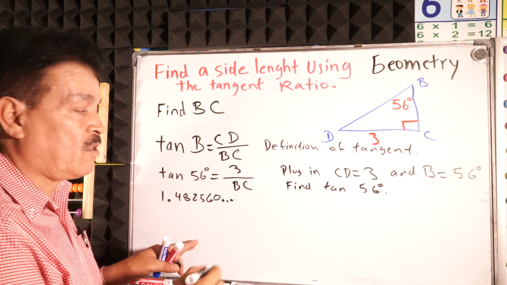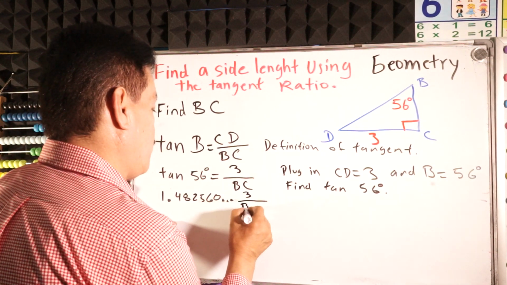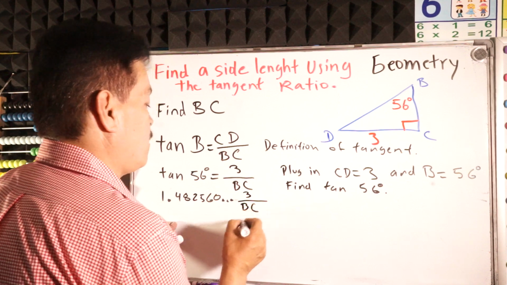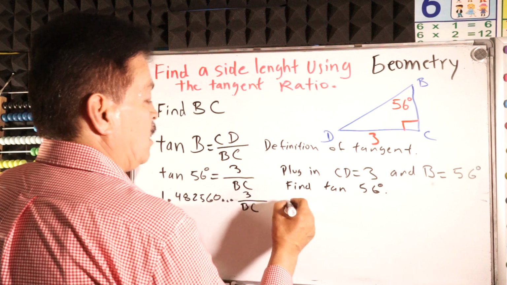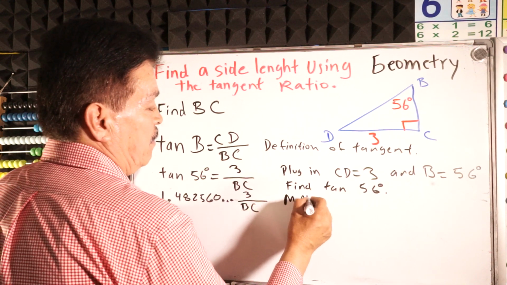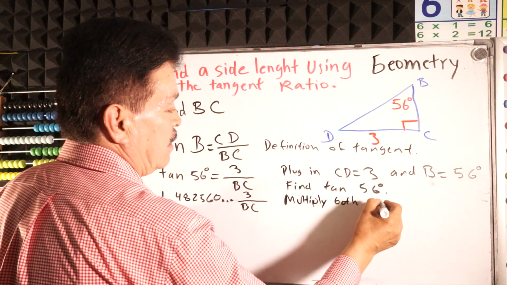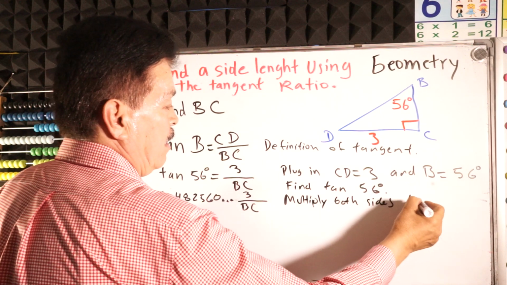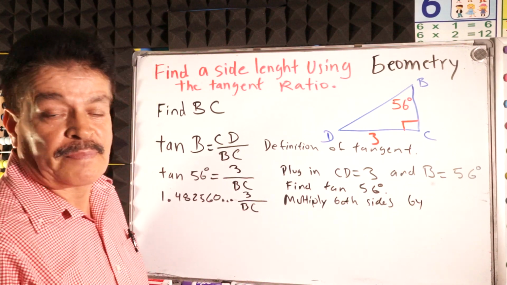This is the tangent. So just right here, 3 divided by BC. Okay, now multiply both sides by BC.